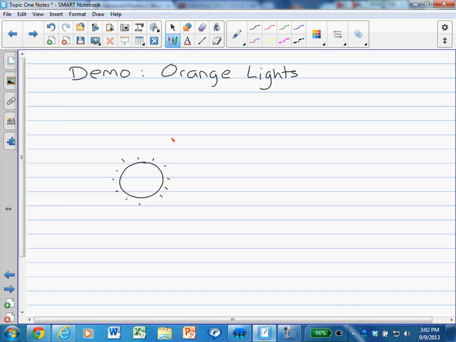Now, notice there's an equal amount of light coming, if it's a nice dark room, anywhere around the bulb, like that. That's a circle, believe it or not. Okay? But of course, it's not really a circle. It's a circle in 2 dimensions, but what is it in 3 dimensions? It's a sphere. So it's really like this.